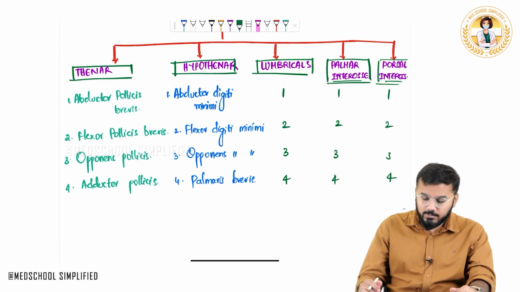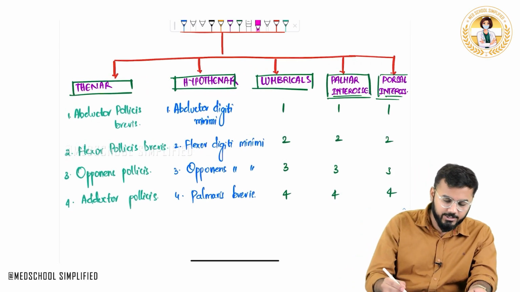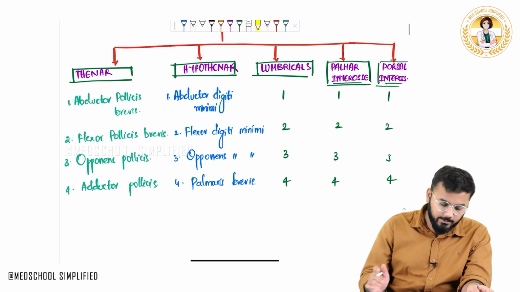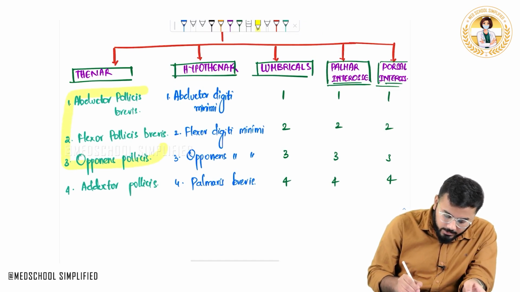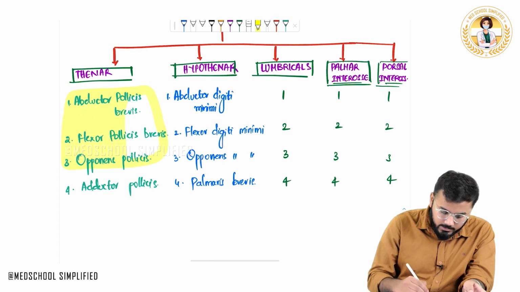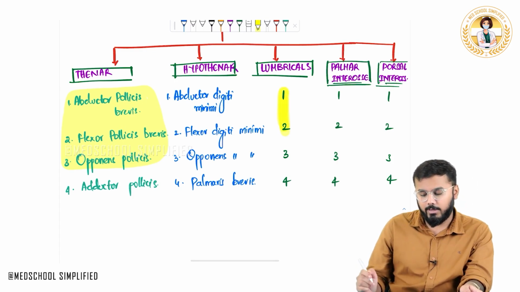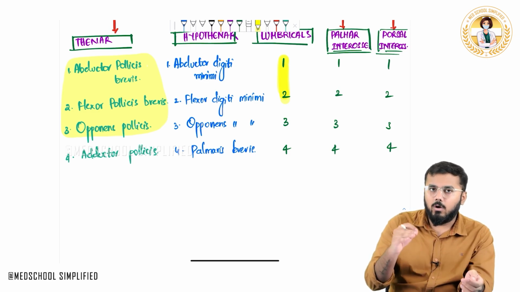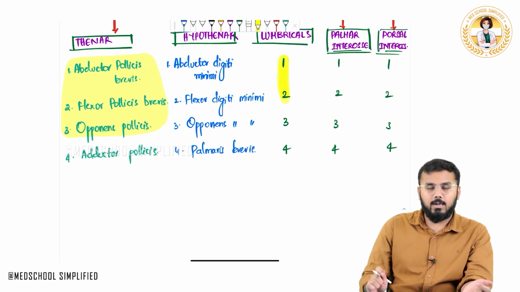Clear? Now let us first look at the nerve supply and clear it off. Then we can go to the discussion of the muscles. Regarding the nerve supply, guys, one very important thing you need to know. Look here, I am just highlighting a few important things. These are these 3 muscles and the first 2 lumbricals. All the intrinsic muscles of your hand are innervated by ulnar nerve except these yellow colored marked muscles.